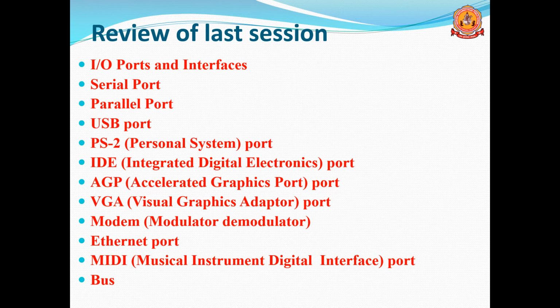The next one is the external bus, that is used to connect devices externally. For example, a hard disk drive or a CD drive is connected using the external bus, also known as expansion buses. So we discussed these topics in the previous session.